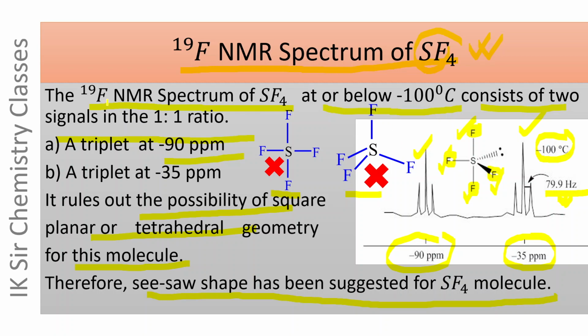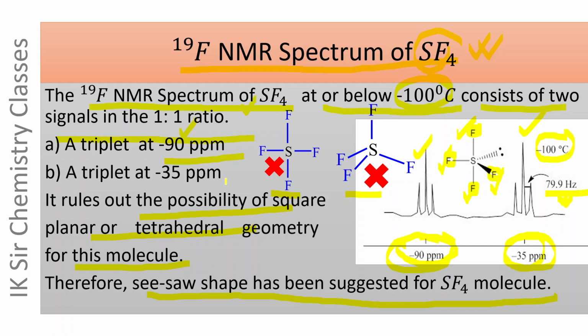Therefore, the F-19 NMR spectrum of SF4 below minus 100 degrees centigrade consists of two signals in the ratio 1:1. One signal is obtained at minus 90 ppm, while another signal is obtained at minus 35 ppm.